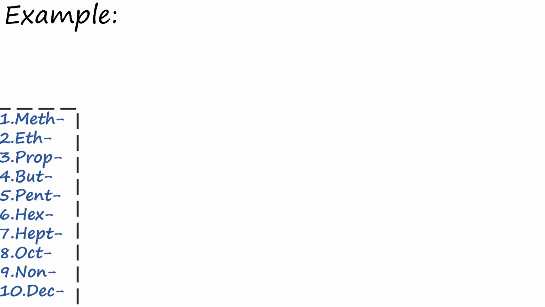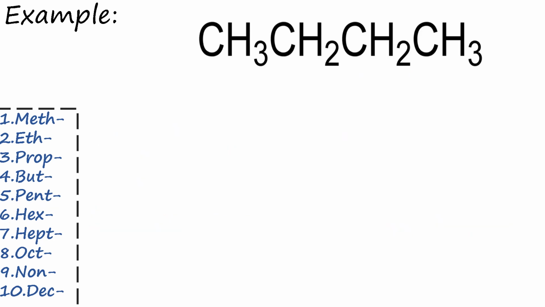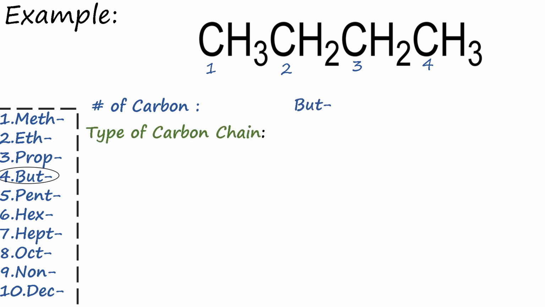Now let's do another example. We have this compound right here, but now in the condensed structural formula. The first thing that we have to do, as last time, is count the number of carbon atoms. We have 1, 2, 3, 4. That gives it but. Now, the type of carbon chain in this case is not drawn out, so we can't tell by single bonds.